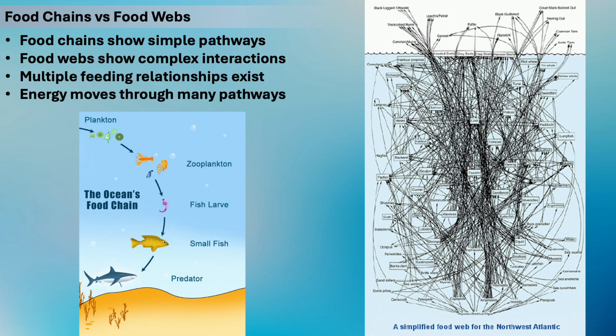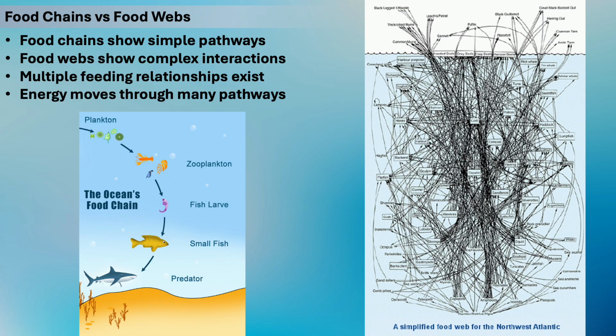While food chains are useful for illustrating basic energy transfer, they greatly oversimplify the complexity of real ecosystems. In reality, most organisms consume a variety of prey and may themselves be eaten by multiple predators. As a result, energy does not move through ecosystems along a single pathway.